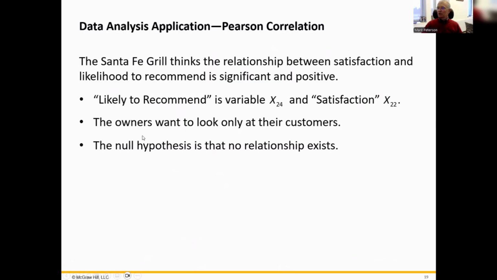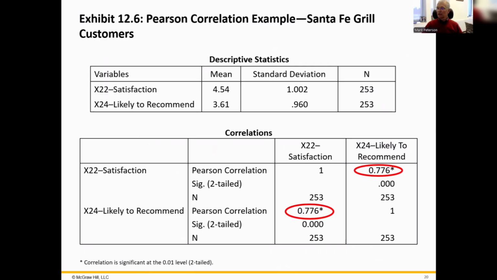Okay, so the Pearson correlation coefficient, when we take it to our Santa Fe Grill case, likely to recommend is variable X24 and satisfaction is X22. So owners would be interested in this satisfaction and likely to recommend relationship. We see here that the correlation coefficient is 0.776.